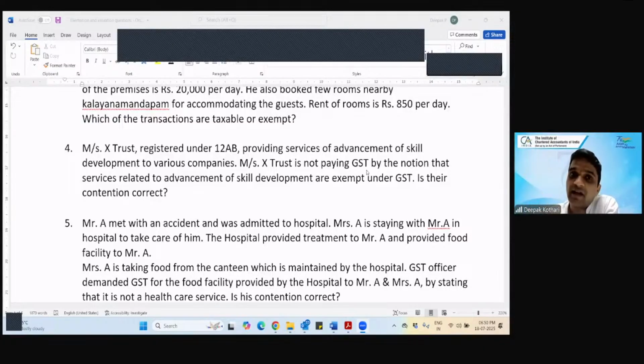There is a separate exemption that renting of rooms is exempt up to 999, and renting of shops up to 9,999 per month. So there are limits. They don't get covered under charitable activities.